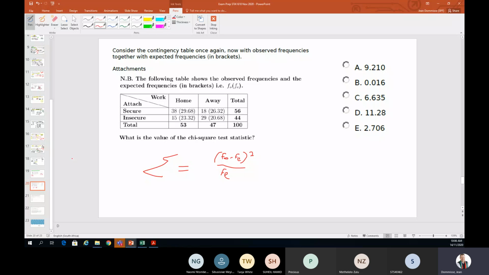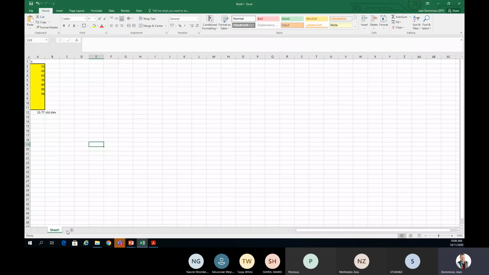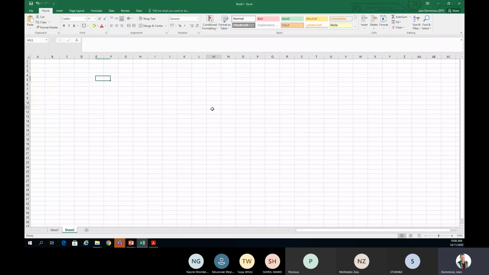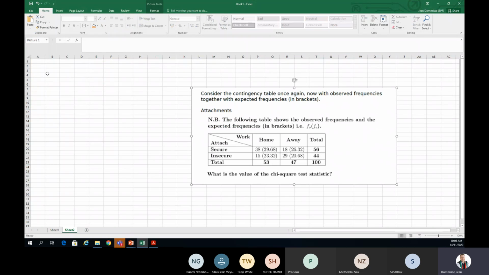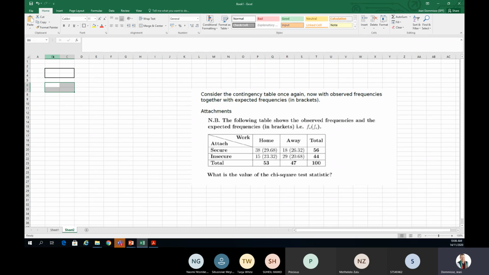Okay, so what I normally do with this, and let's do that, I will again use Excel and I will send this to you as well, that you can use it in the exam if I ask it. Okay, so that is my observed, that is my expected.